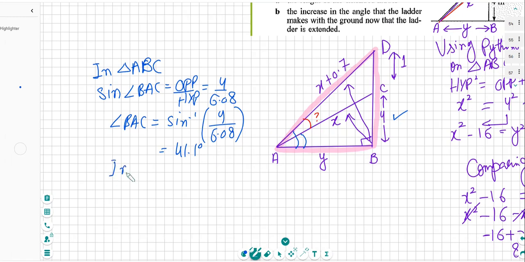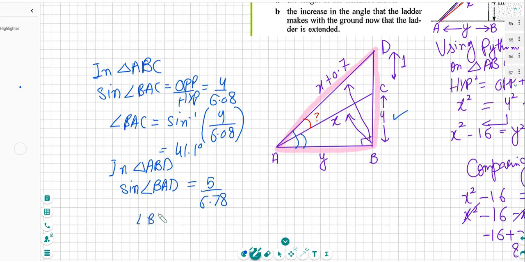Then I'll be finding this angle as well, BAD. So for this, I'm using the larger right angle triangle, which is ABD. Again, I'm using sine of angle BAD. Opposite side is 5. And hypotenuse is x plus 0.7, which we already found, I think, yeah, 6.78.